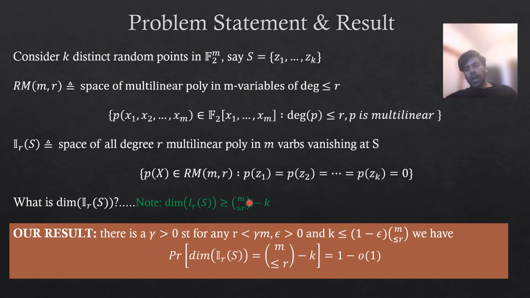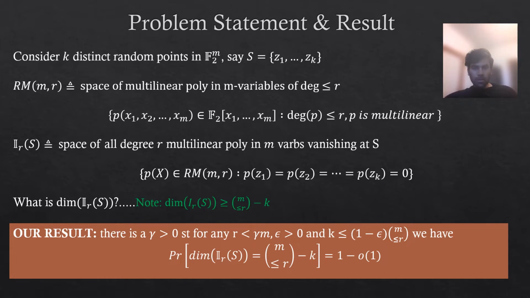And then as K approaches M choose less than or equal to R, or is just a little shy of M choose less than or equal to R, which is the regime when this bound stays meaningful, because if K exceeds M choose less than or equal to R, then this bound doesn't really make much sense. What we show is that you do get that maximal reduction in dimension with high probability, right? So we need R to be less than gamma M for some universal constant, and as long as K is slightly shy of M choose less than or equal to R, this maximal reduction happens with high probability.